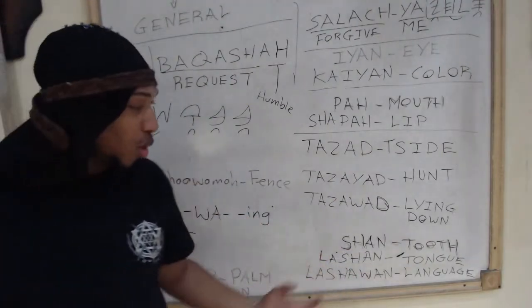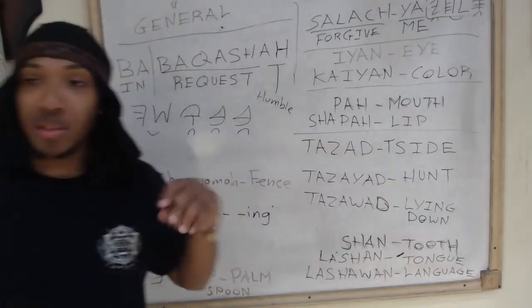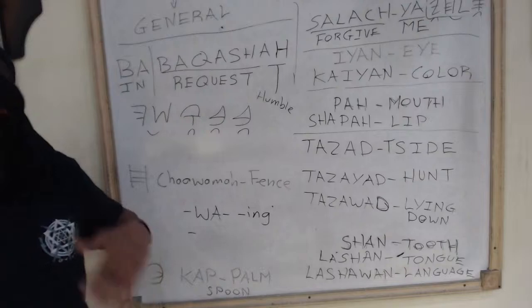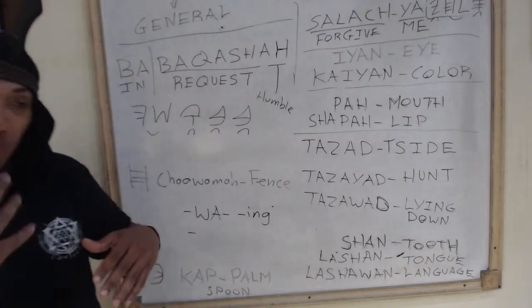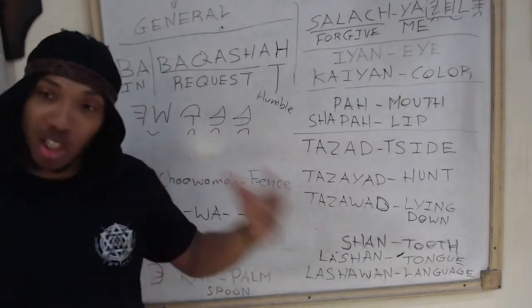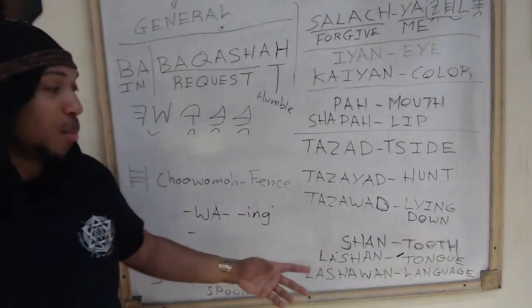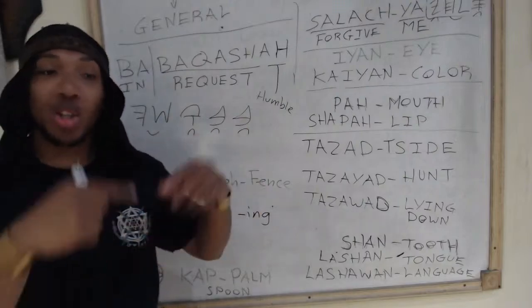It's more the thing that your tongue is doing. So we call this an English tongue, or you might have a Creole tongue. This is Old English. We're talking English tongue, Spanish tongue, Creole tongue, French tongue. But today we would call that a language.